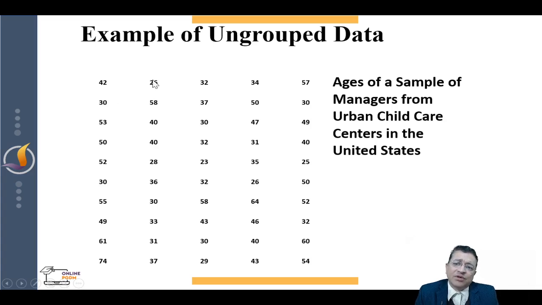We asked about that particular person's age, and we found that it is 26. Then the next one is, suppose, 32 and so on. So now it is very difficult to get an idea of what is happening. How do we convert this raw, ungrouped data into some meaningful information? Is there any way to do that?